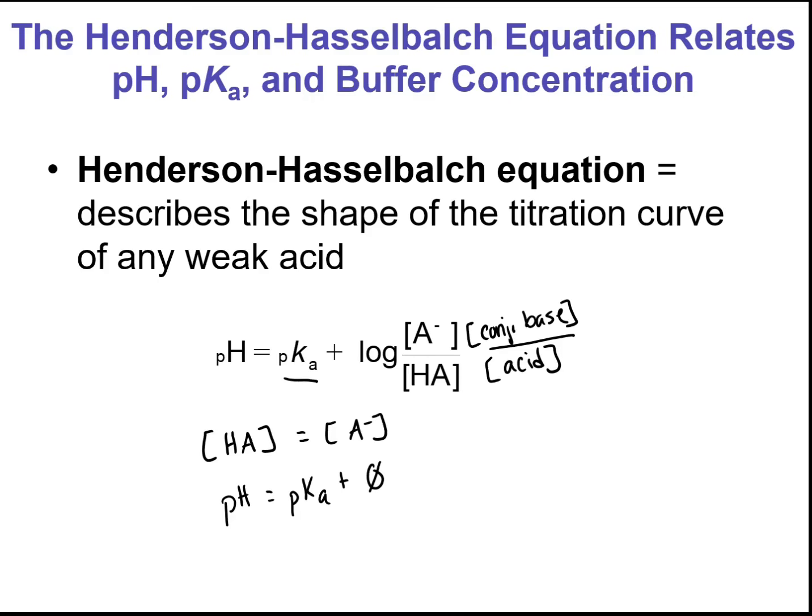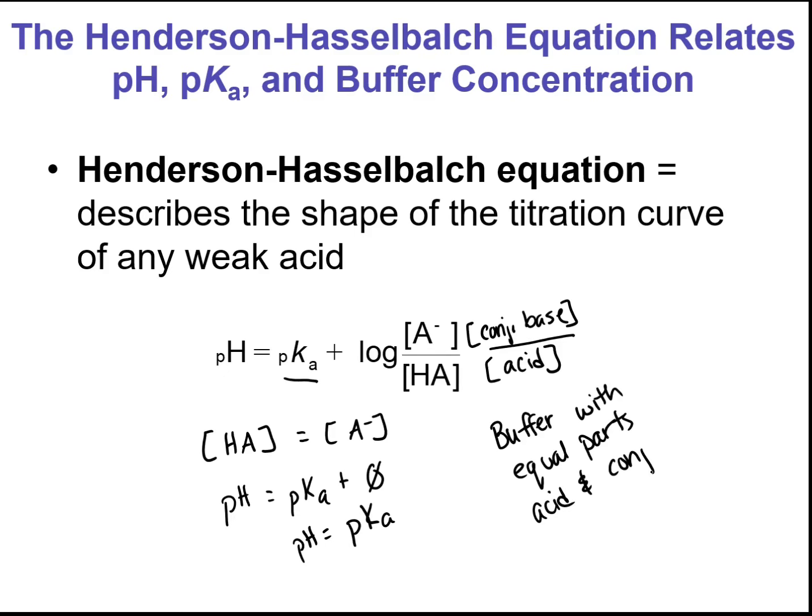So when I have equal concentrations of conjugate base and acid, then my pH is equal to my pKa. When you're making a buffer, that's the ideal makeup. So equal parts acid and conjugate base.